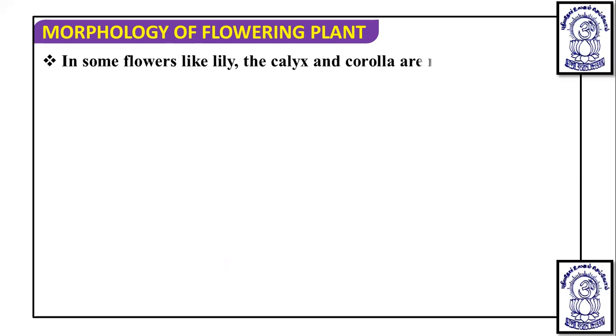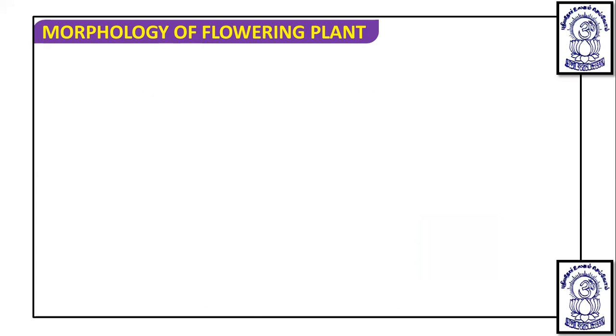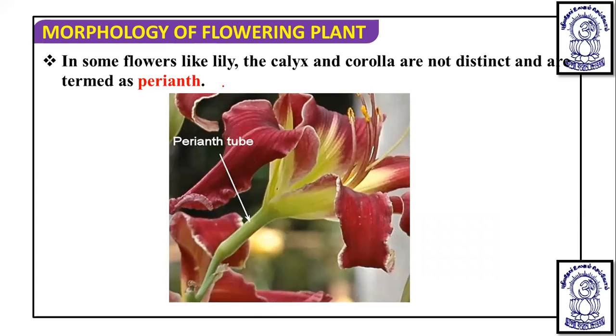In some flowers like lily, the calyx and corolla are not distinct. Dear students, one of the important things: the calyx and corolla are not distinct, they are not easily differentiable. At that time, the common term for the fused calyx and corolla is used, that is a perianth. Now, this perianth is considered as a group of tepals. Okay, see, this is the perianth.